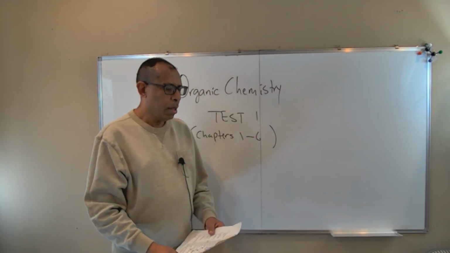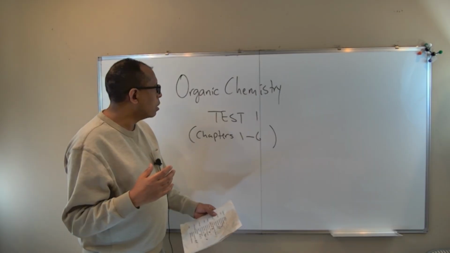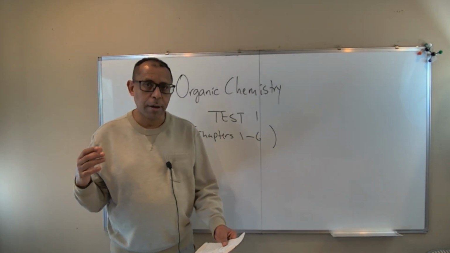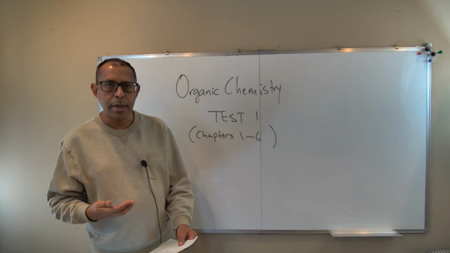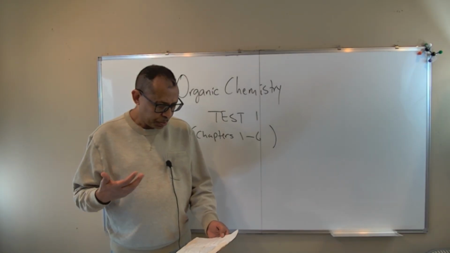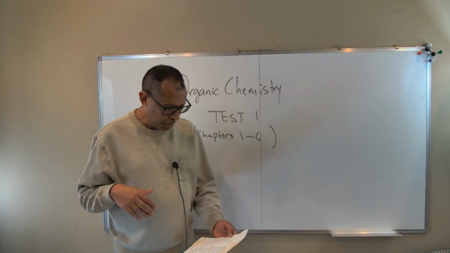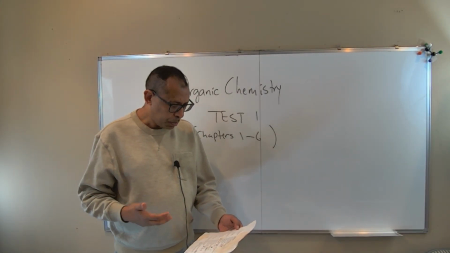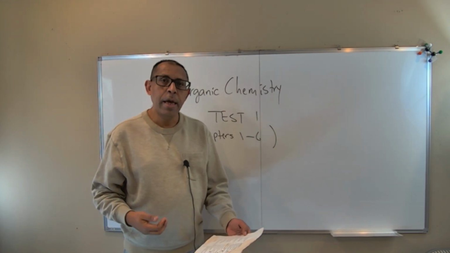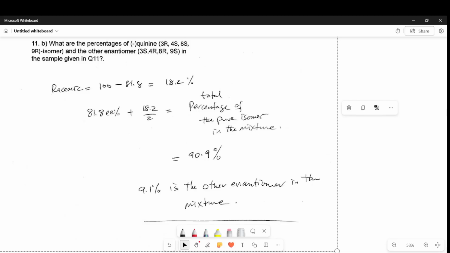So this exam contains subjects in structure and bonding, acids and bases, functional groups, alkanes, stereochemistry, and thermodynamics. In structure and bonding, you have to have an understanding of hybridization and resonance.